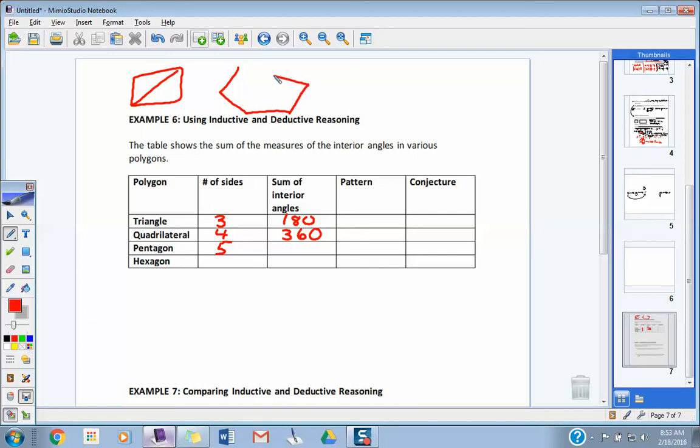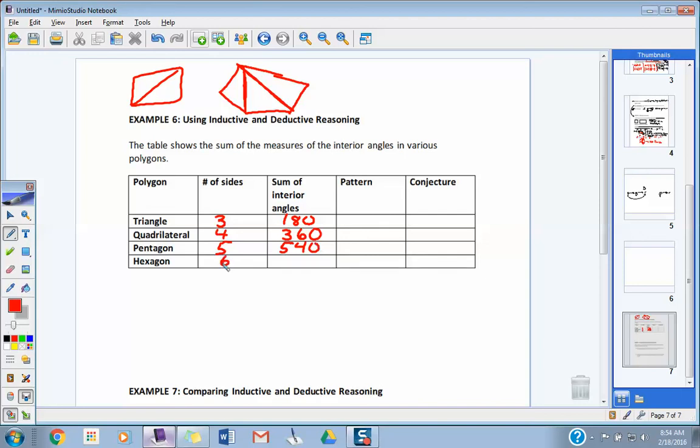How many triangles can I divide a pentagon into? 3. Somebody do 180 times 3 for me to know the sum of the angles there. Well, 540 degrees, okay? How about a hexagon? How many sides? 6.